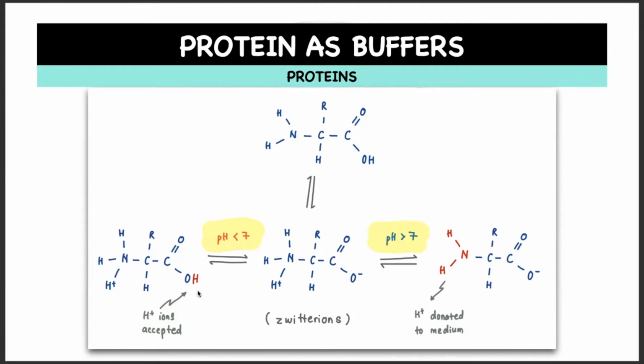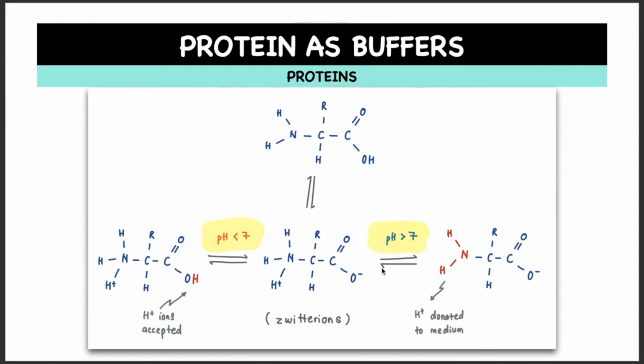They accept a proton and become uncharged, making the overall charge on the amino acid positive. So now when you add hydrogen ion over here, it stabilizes, right? Now the only charge that is left is positive over here, so the whole charge becomes positive.